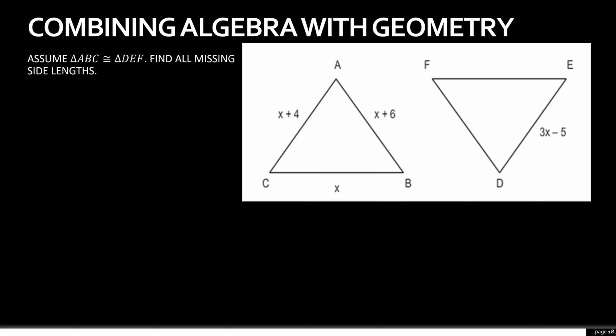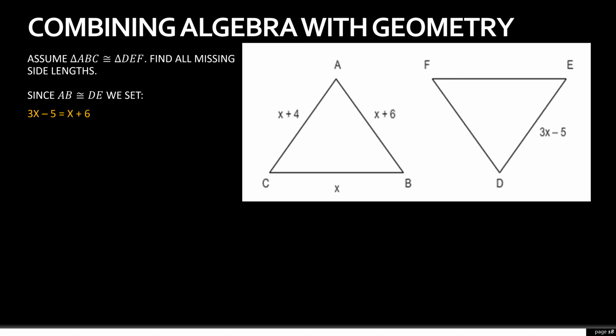Okay, so one of the things that you're going to be doing a lot of this year is combining algebra with geometry. They're very closely connected, almost synonymous with each other. So let's suppose that triangle ABC is congruent to DEF. Because of that, I know that AB is going to be congruent to DE.